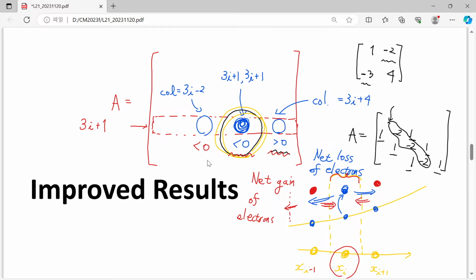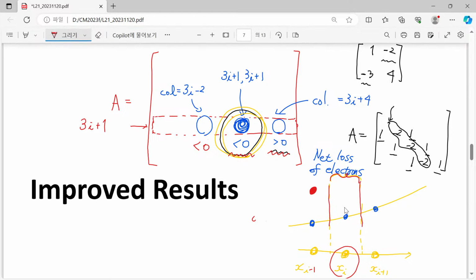What does it mean? It means that even though we introduce an increased electron density here, the electron density in this position is actually decreasing.